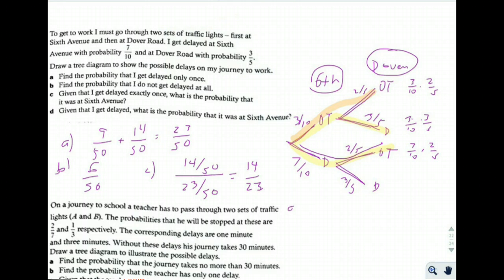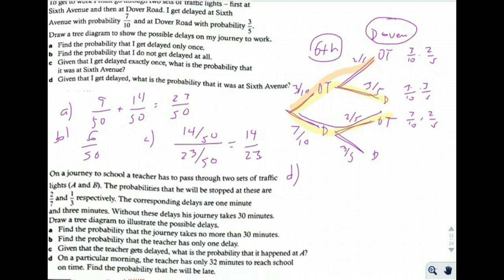D. Given that I get delayed, what is the probability that it was at 6th Avenue? That means the bottom is the probability that I'm delayed anywhere, and the top is the probability I'm delayed at 6th.